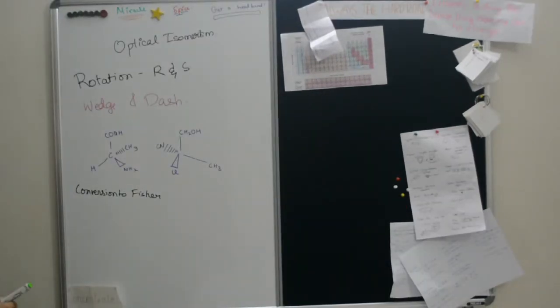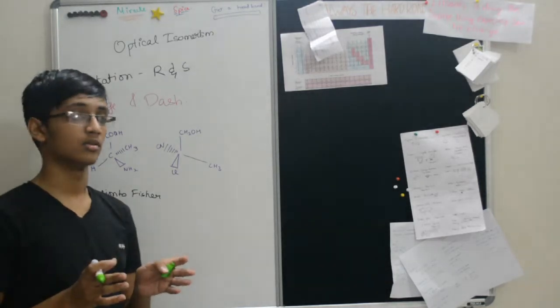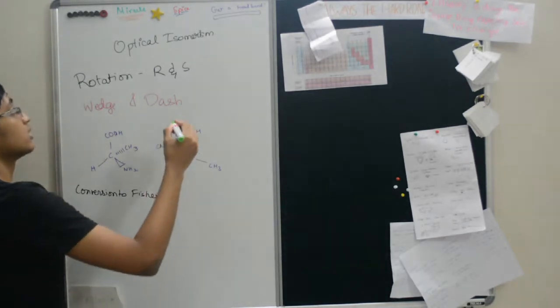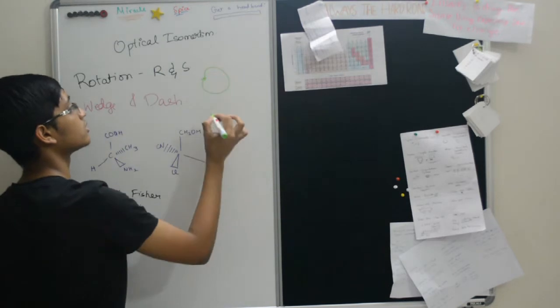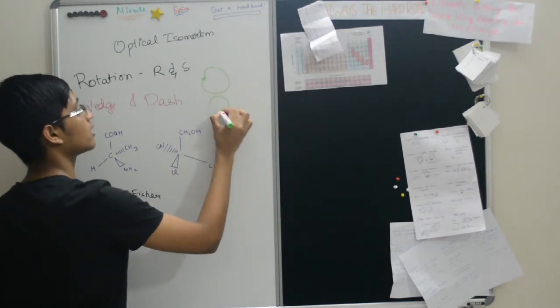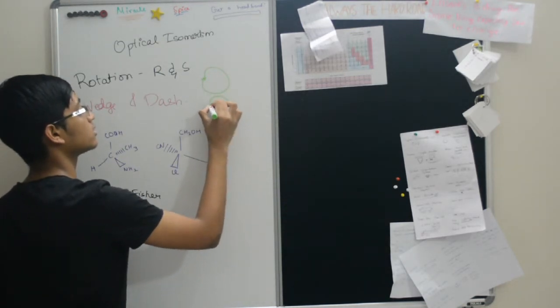So next, let's continue with the rotation, which is given as R and S. An easy way to remember how the rotation occurs is that in case of clockwise, it will come like this. You can imagine the R having this arrow like this and like this.